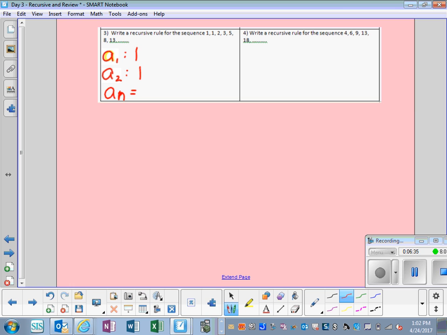A sub n equals, sorry, I should say equals, this equals the one right before, right? A sub n minus 1 is the one right before, and then the one 2 before, a sub n minus 2.